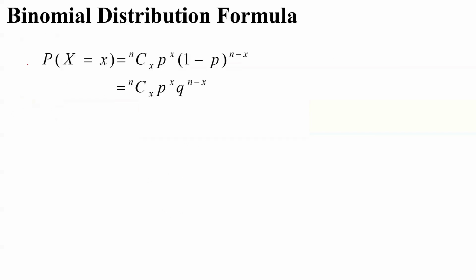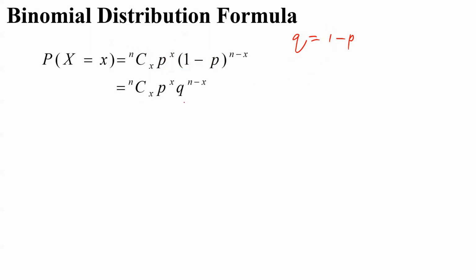Now you're going to develop the binomial distribution formula. P(X = x) is given by n combination x, multiplied by the probability of success to the power of x, multiplied by 1 minus p. 1 minus p is the probability of failure.